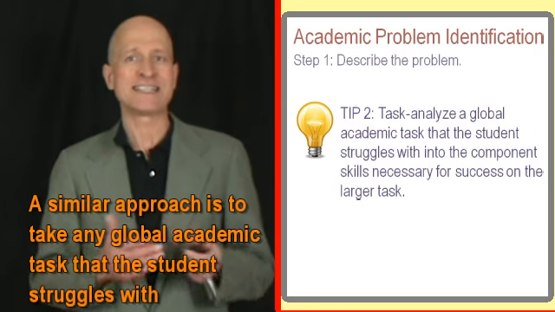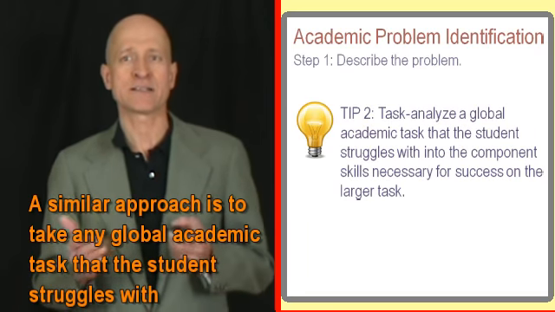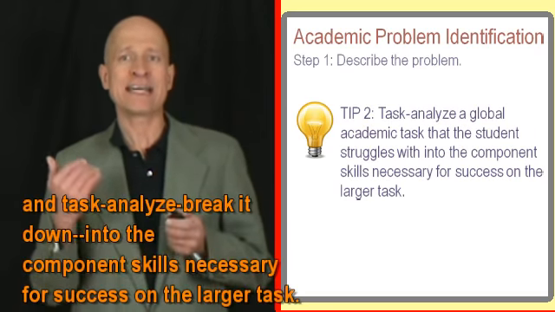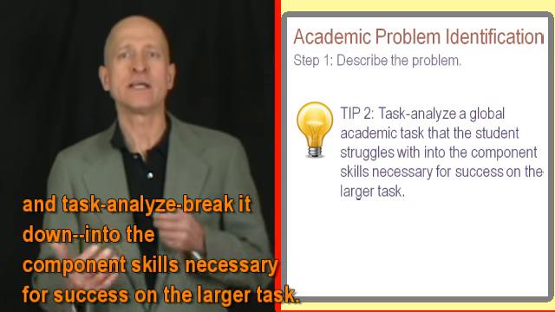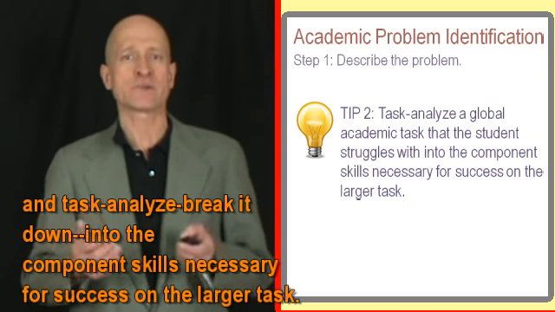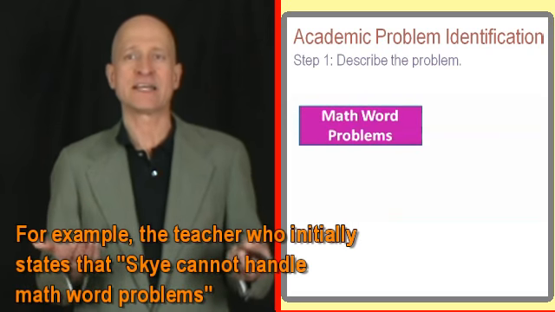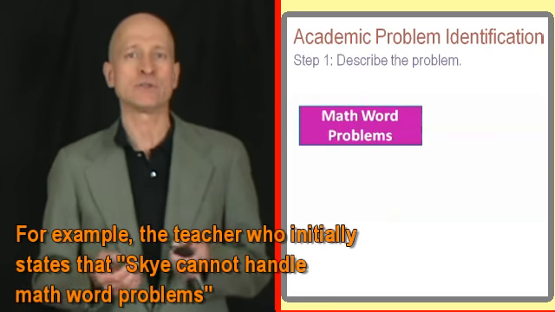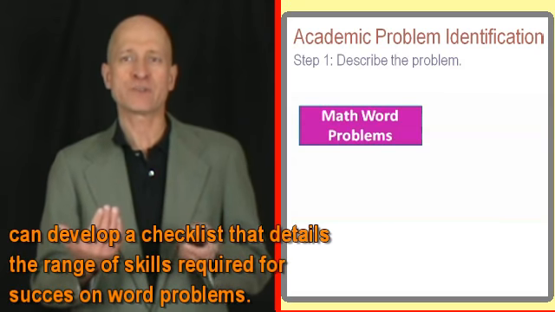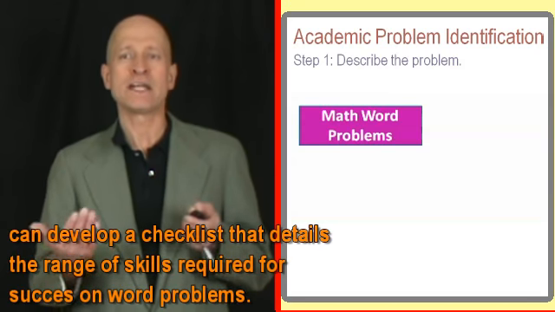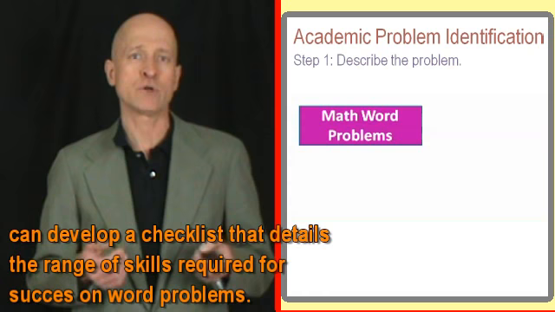A similar approach is to take any global academic task that the student struggles with and task analyze it, break it down into the component skills necessary for success on the larger task. For example, the teacher who initially states that Sky cannot handle math word problems can develop a checklist that details the range of skills required for success on word problems.